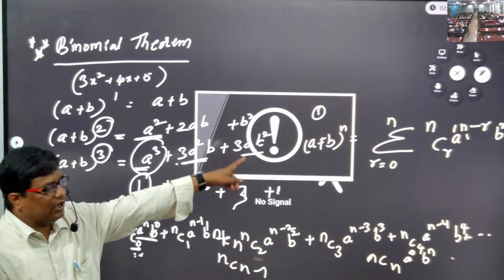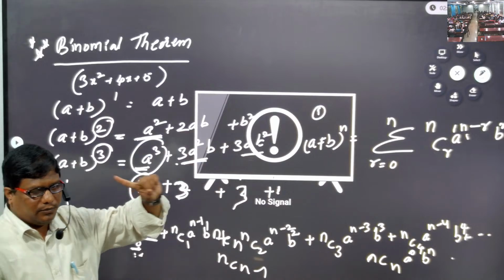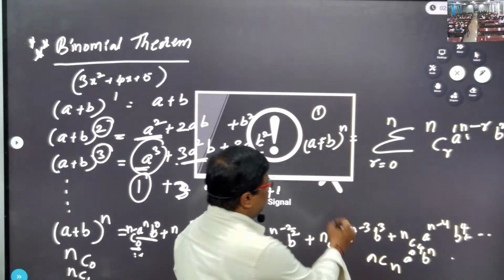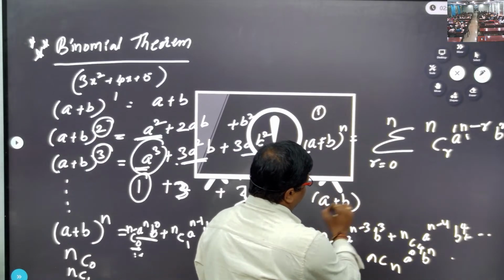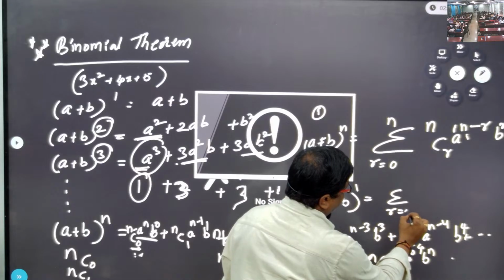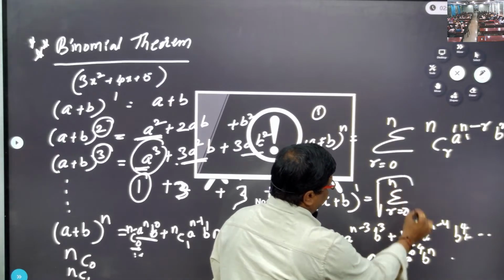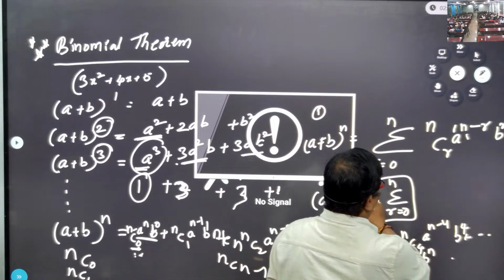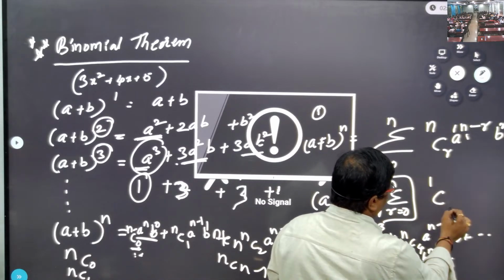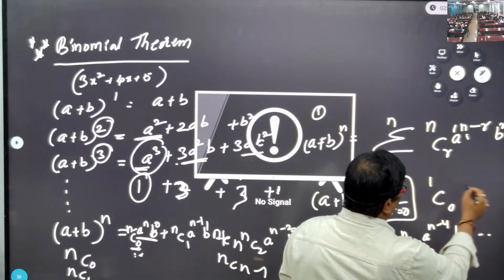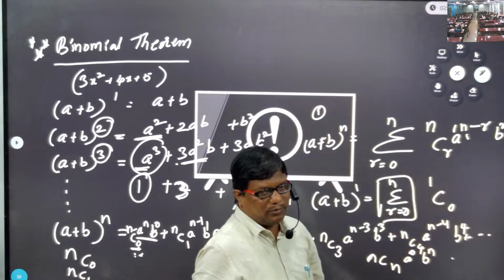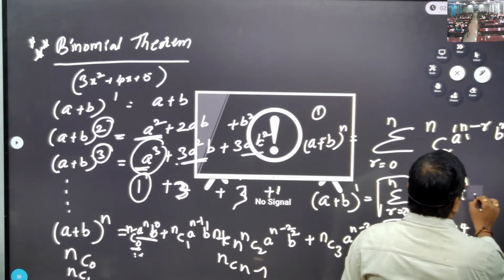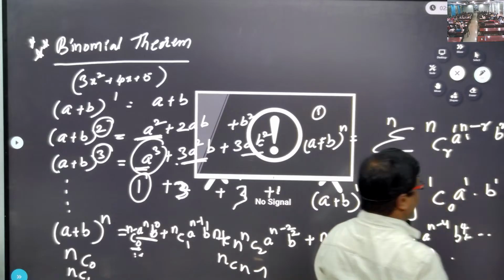If your n value is 1, check with the summation. a plus b whole power 1, what is the answer? r is equal to 0 to n. So the r value is 0, nCr, n value is 1, r value is 0. So what is your value? a power 1, next b power 1.